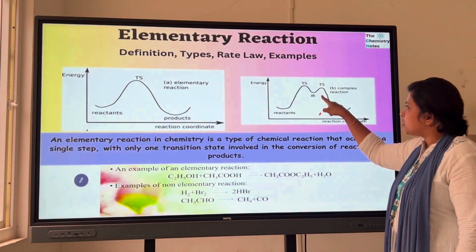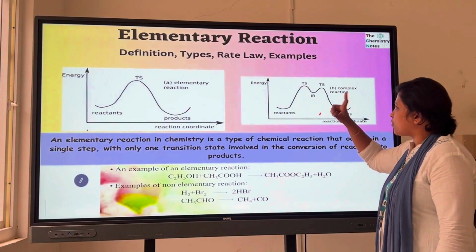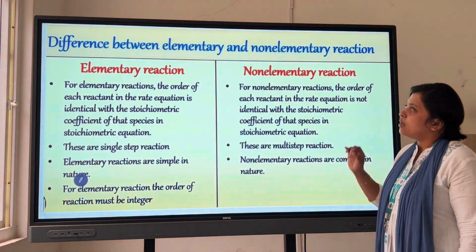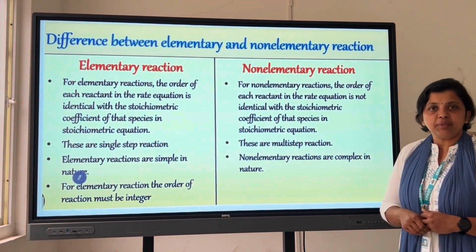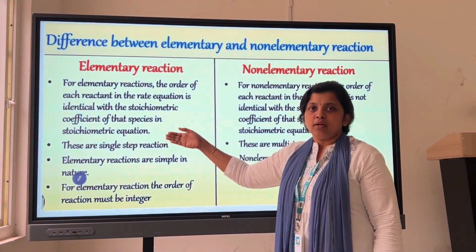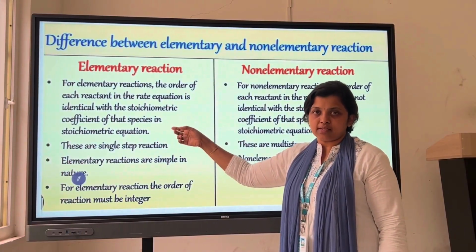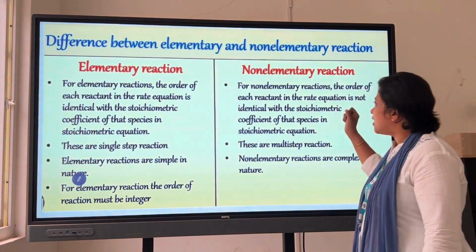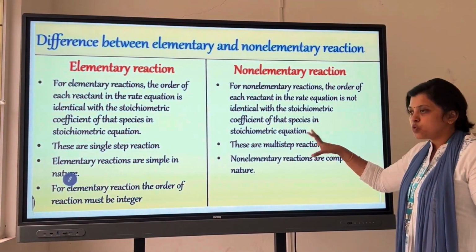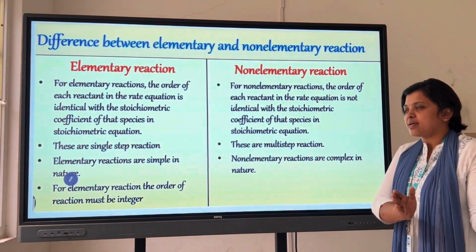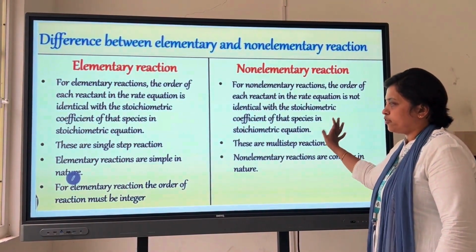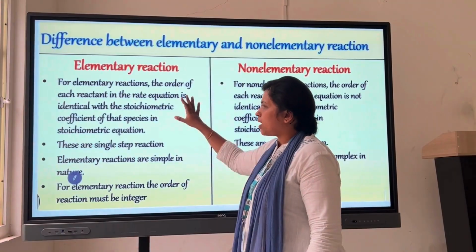The difference between elementary and non-elementary reactions is that an elementary reaction is a single-step reaction where the transformation occurs in a single step itself, while the non-elementary reaction is a multiple-step reaction with the initial reactant, intermediate, and product. We can see this very clearly here, and I have listed these things out.